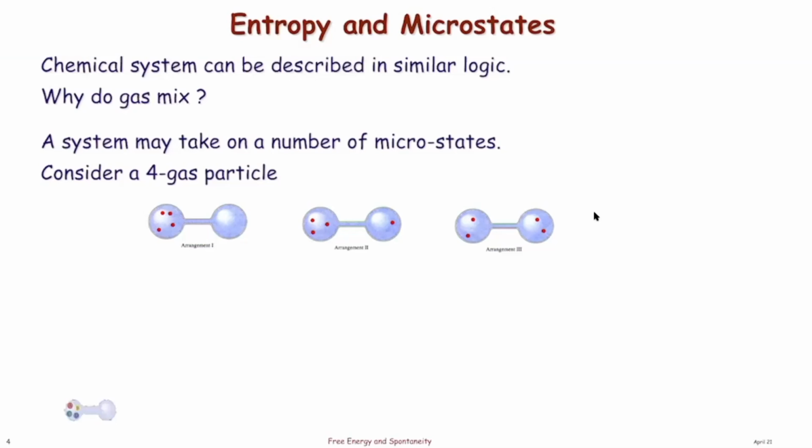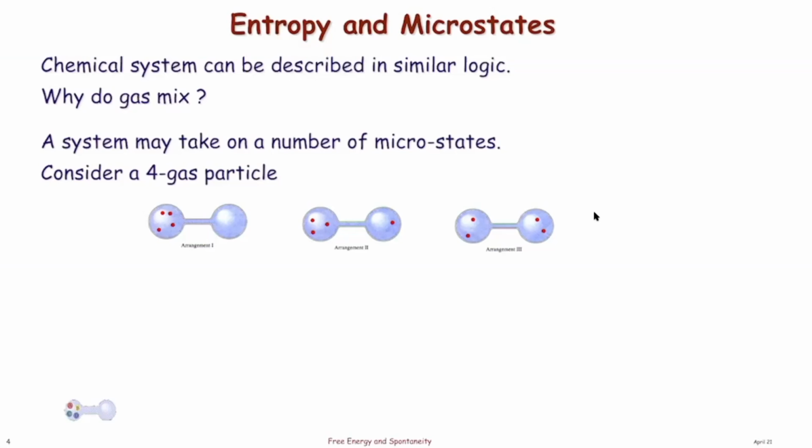So in terms of the scenario that you see here, there are 4 gas particles in 2 chambers that are connected by a tube, and it's evacuated. So these particles are free to roam. And so what are the different arrangements? Well, all 4 particles are on one side, or 3 of the 4 particles are on one side and 1 particle is on the other, or 2 particles are on both sides of the chamber.